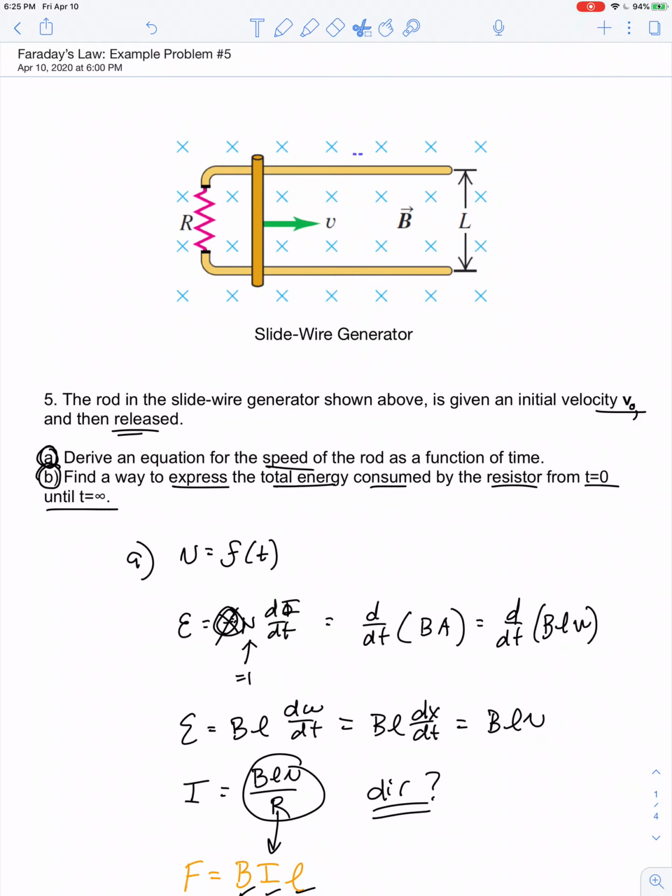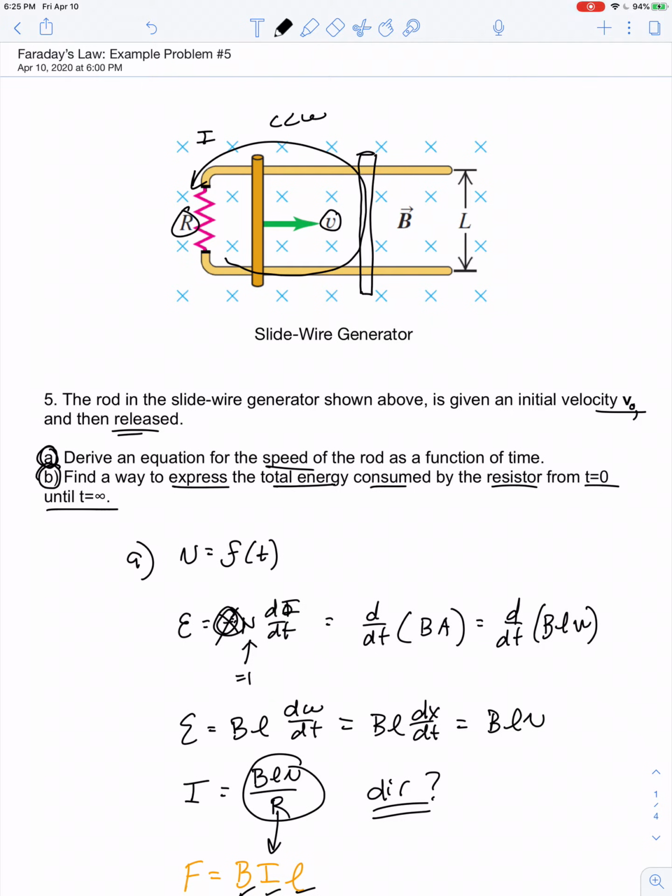Okay, so as the rod continues to drift to the right, slowed by a resistive force pointing opposite the initial velocity vector, a current continues to flow in this counterclockwise direction through the resistor.